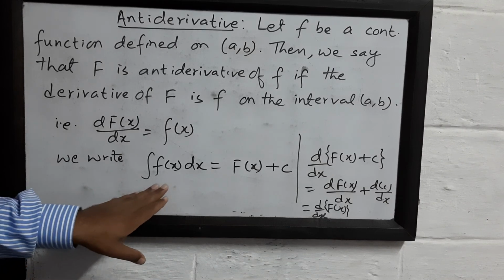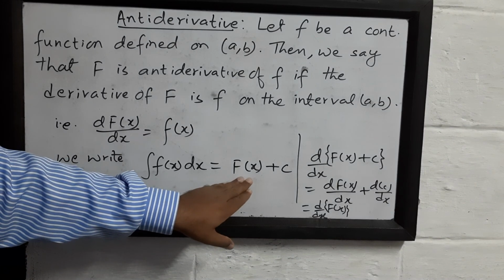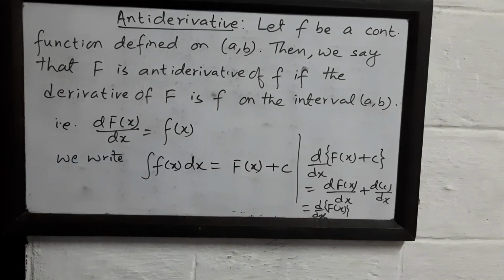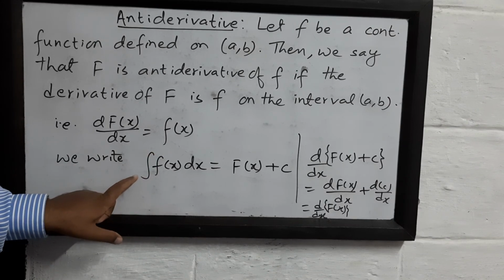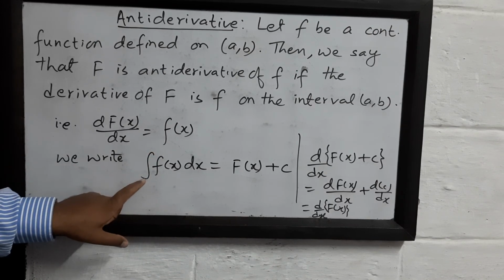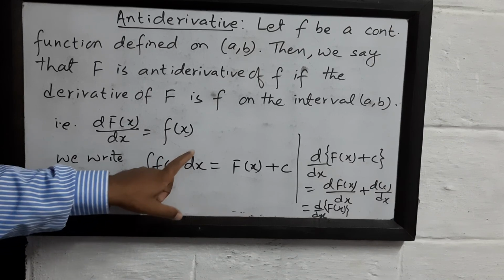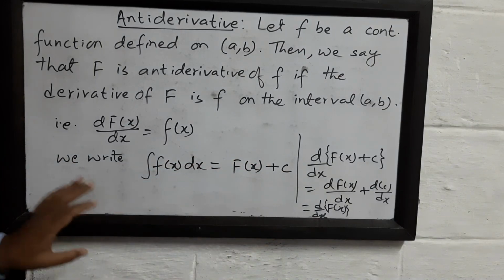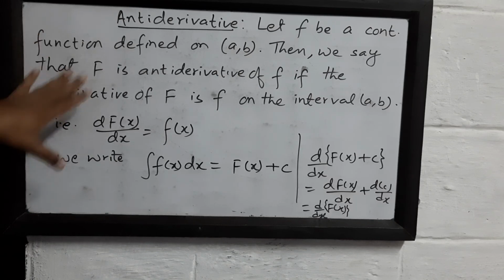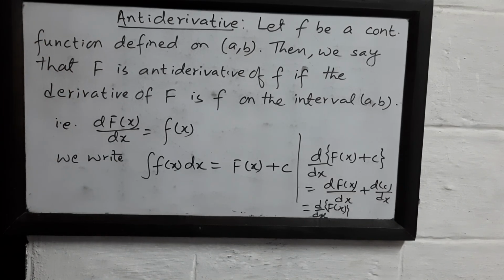So this is the symbol for integration, an elongated S. The integration of f(x) with respect to x is capital F(x) plus constant. So this gives you the concept of the antiderivative.